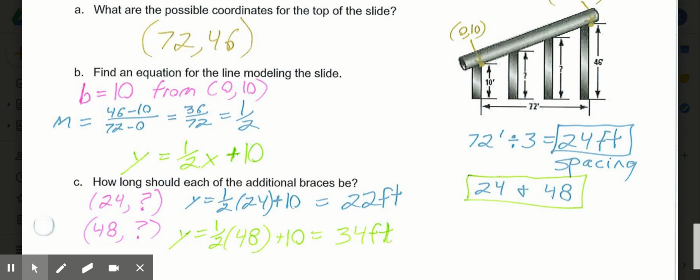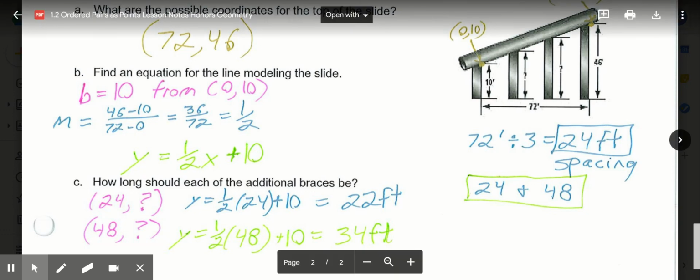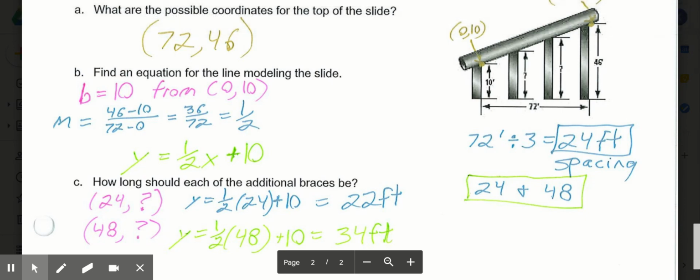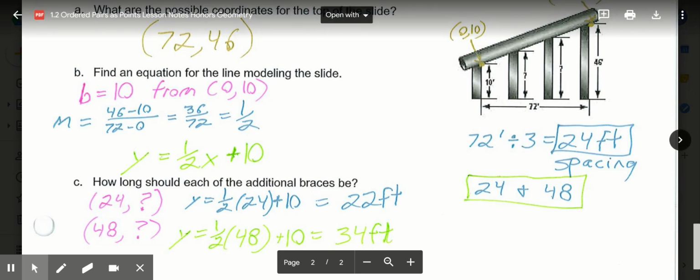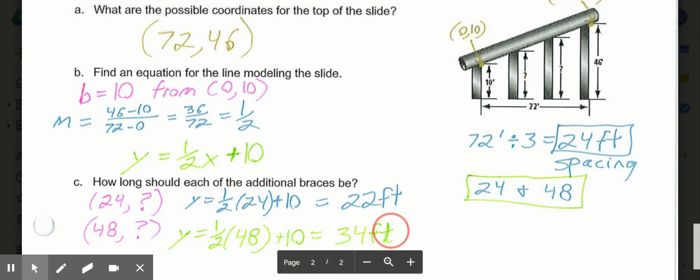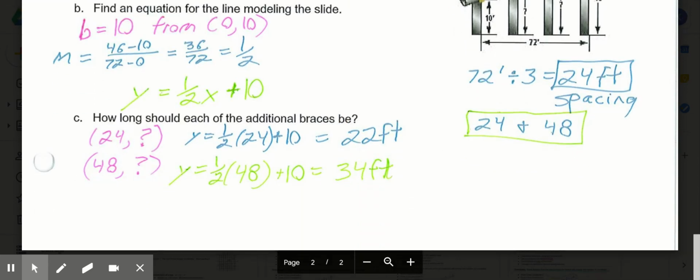Half of 24 is 12, plus 10 is 22. Then, 1/2 times 48 plus 10. Half of 48 is 24, plus 10 is 34 feet. So once we knew the x-coordinates, we could plug that into our equation to get our y-coordinate for our output, which are the heights of our additional two braces.